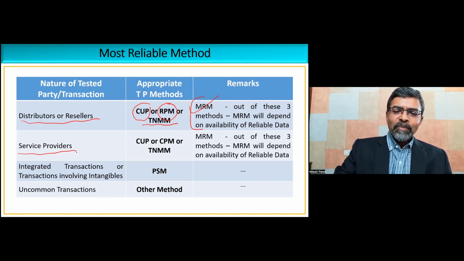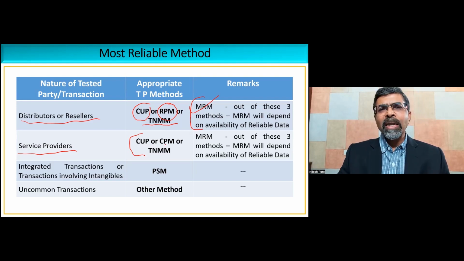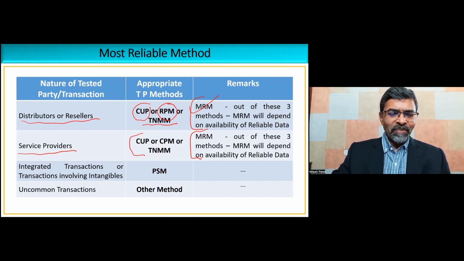In case of service providers, we can apply CUP, CPM, or TNMM, again, depending on availability of reliable data of price, gross profit margin, or net profit margin. And accordingly, we can select the most reliable method out of these three methods.